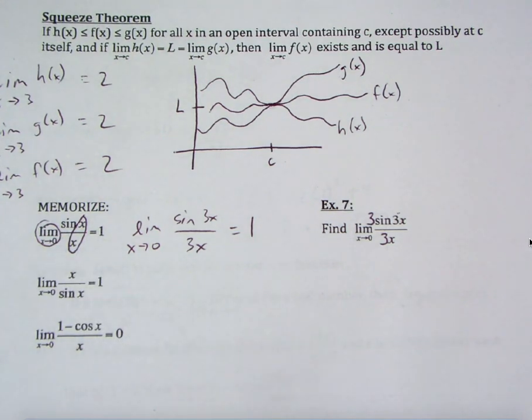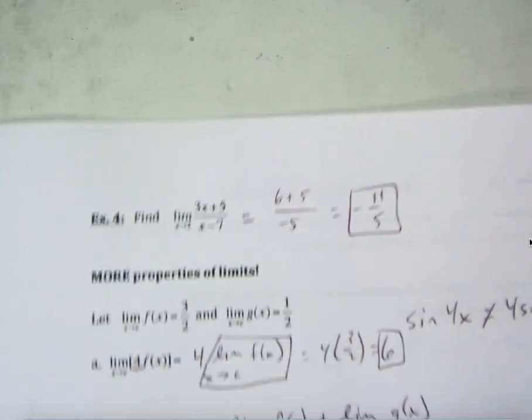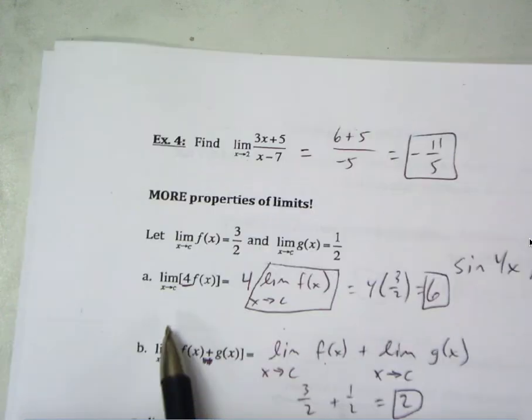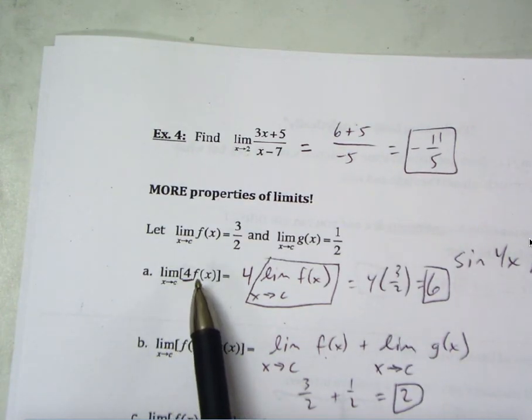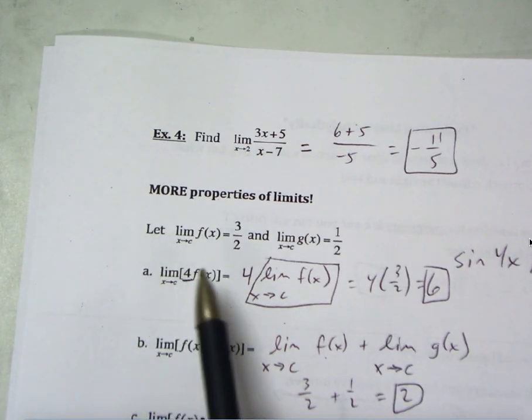Well, now we use that property that says if you have a number being multiplied by a function in a limit, you can pull that number out in front of the limit.